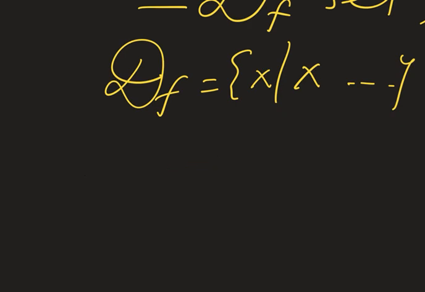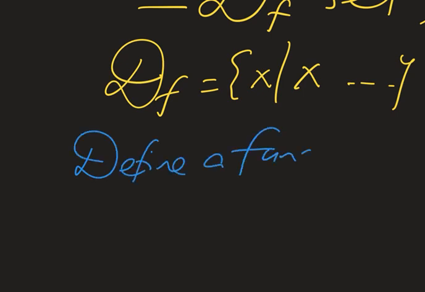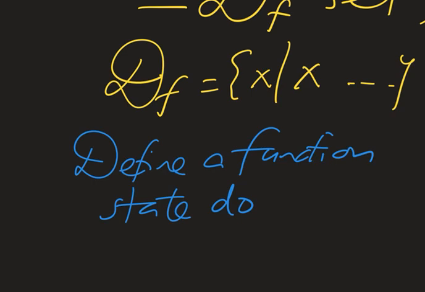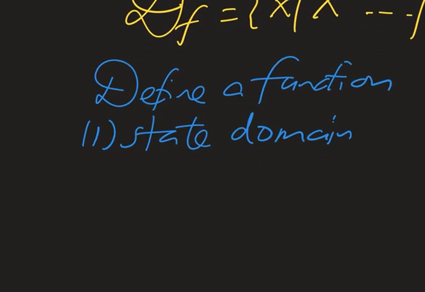Define a function. First, you have to state the domain. First rule. Second rule, a function is only fully defined if the domain is specified. The domain must be specified.